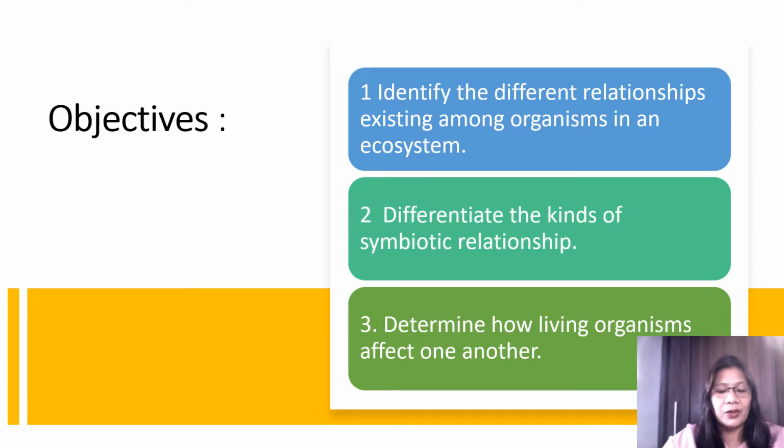For today's objective, at the end of the lesson, you shall be able to, number one, identify the different relationships existing among organisms in an ecosystem. Number two, differentiate the kinds of symbiotic relationship. Number three, determine how living organisms affect one another.